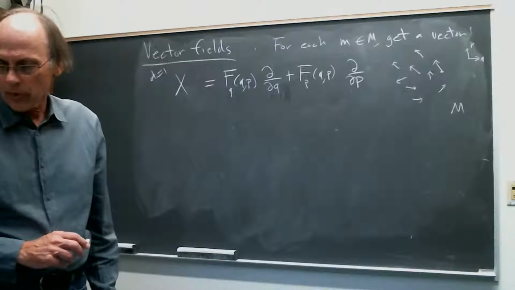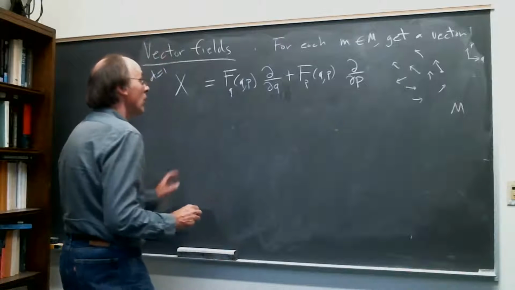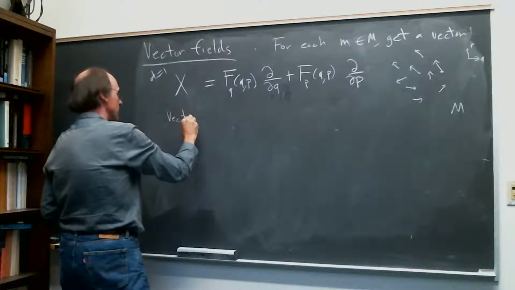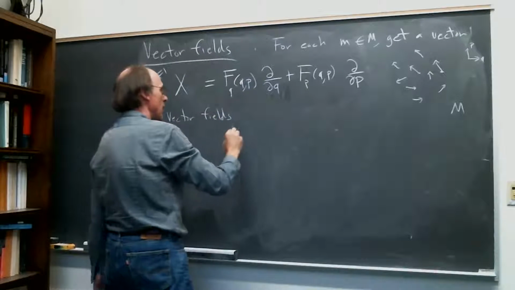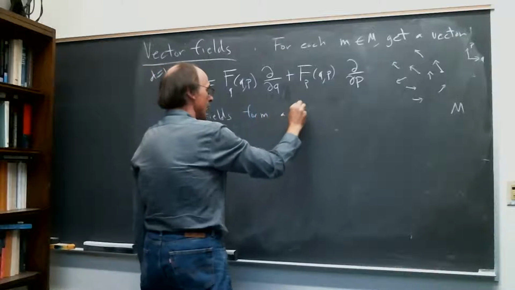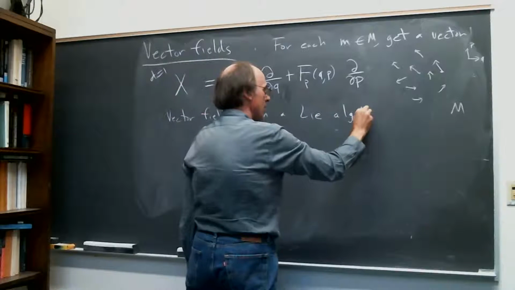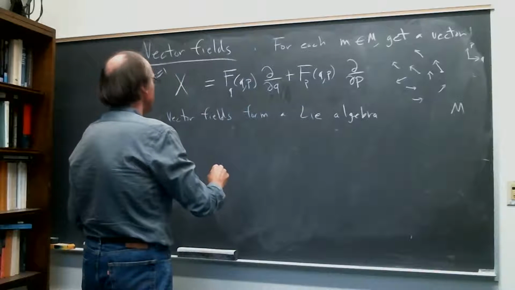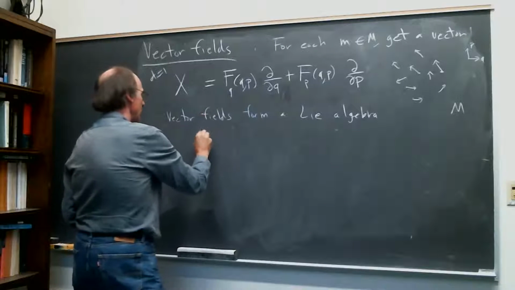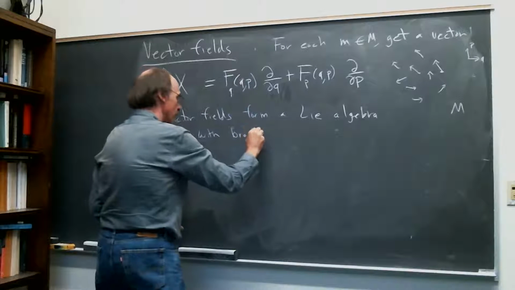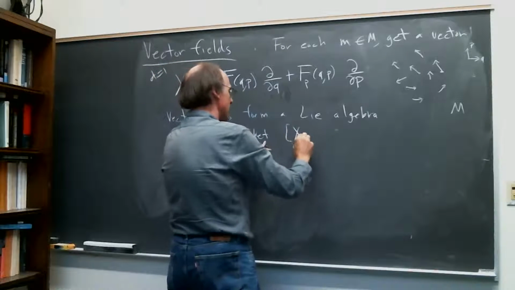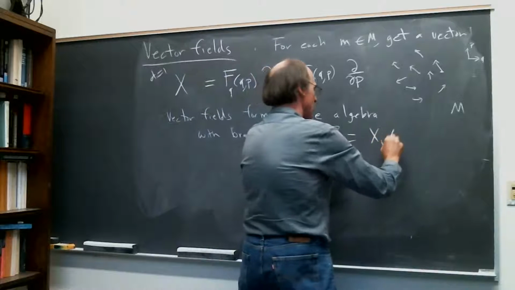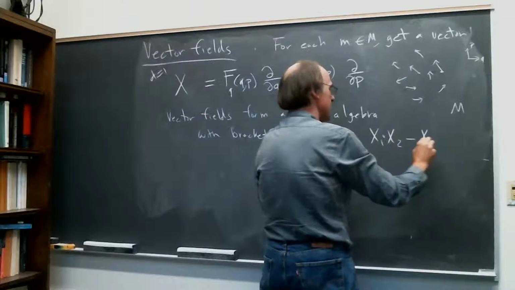So vector fields form a Lie algebra, with the bracket. The bracket of X1, X2 is just X1 X2 minus X2 X1.